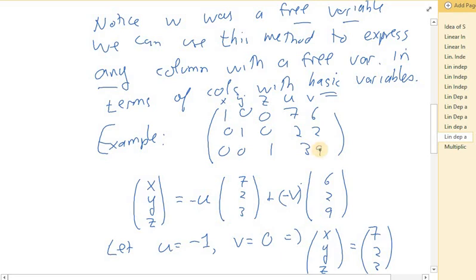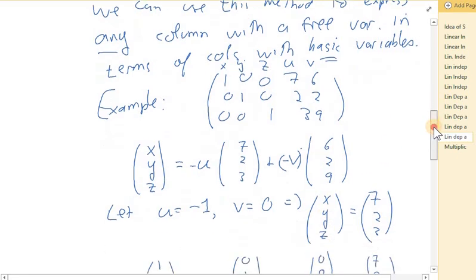If you follow what I just said here, xyz is minus u times this column plus minus v times this column. You can think of it in terms of columns. Now, if I let u equal minus 1 and v equal 0, that's going to give me xyz equals 7, 2, 3.